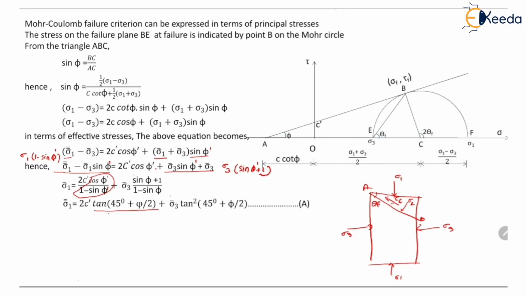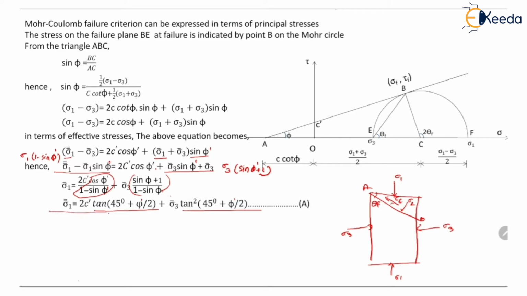And we can write sin phi dash plus 1 divided by 1 minus sin phi dash as tan square 45 degree plus phi dash by 2. So sigma 1 bar will be equal to 2c dash tan 45 degree plus phi dash by 2 plus sigma 3 bar tan square 45 degree plus phi dash by 2.